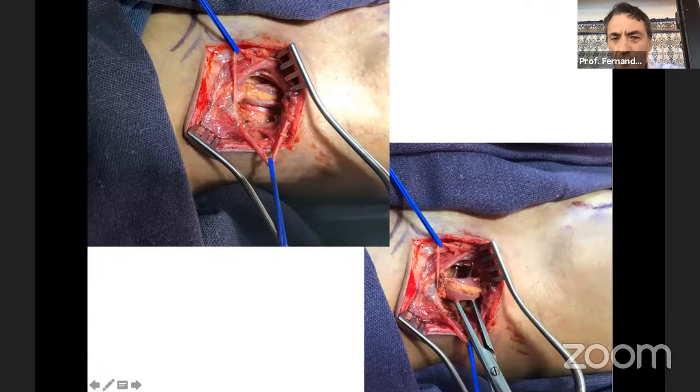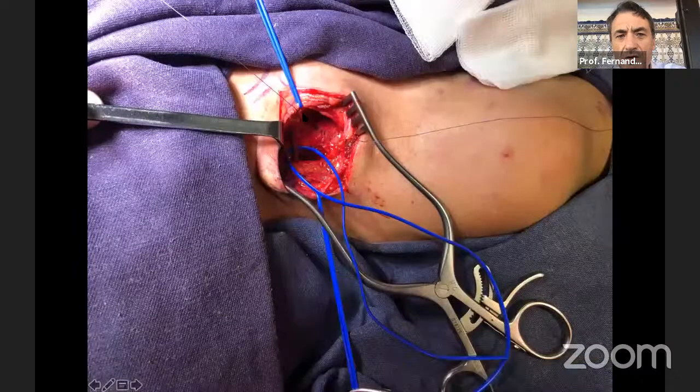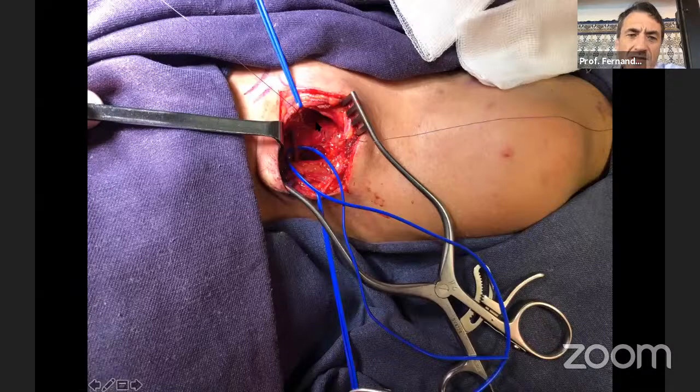With more detail, again, I put a stitch here, and I put a stitch here, and I cut the muscle here. In this picture, we can see one stitch here, one stitch here, and the muscle is cut.